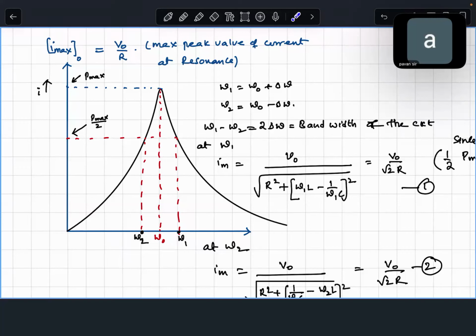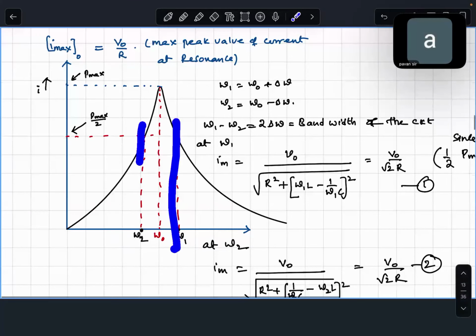So for this purpose, we will choose half the maximum power. That consists of two frequencies, right side as well as left side of the resonant frequency.